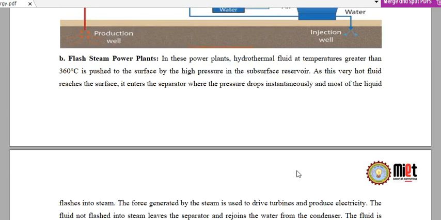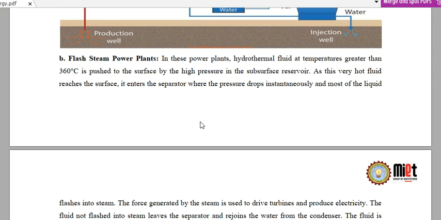Now, next type of plant is flash steam power plants. So these are basically used where liquid dominated reservoirs are found. In these power plants, hydrothermal fluid at temperatures greater than 360 degrees Celsius is pushed to the surface by the high pressure in the subsurface reservoir.